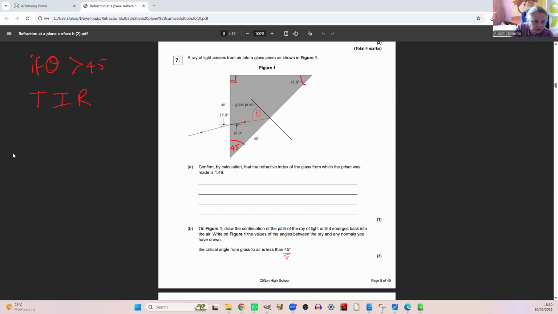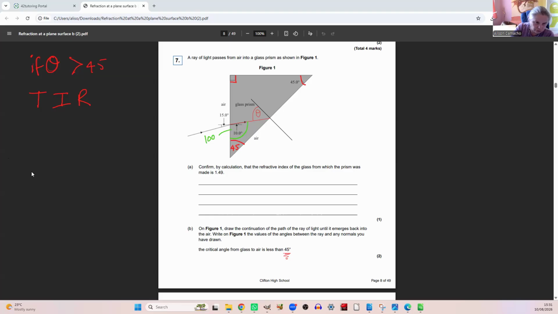I'm going to do it in green so you can see it easily. What is the green angle? Come on, guys, what's the green angle? Remember that the normal is always at 90 degrees to the surface. Yeah, this green angle is 100.